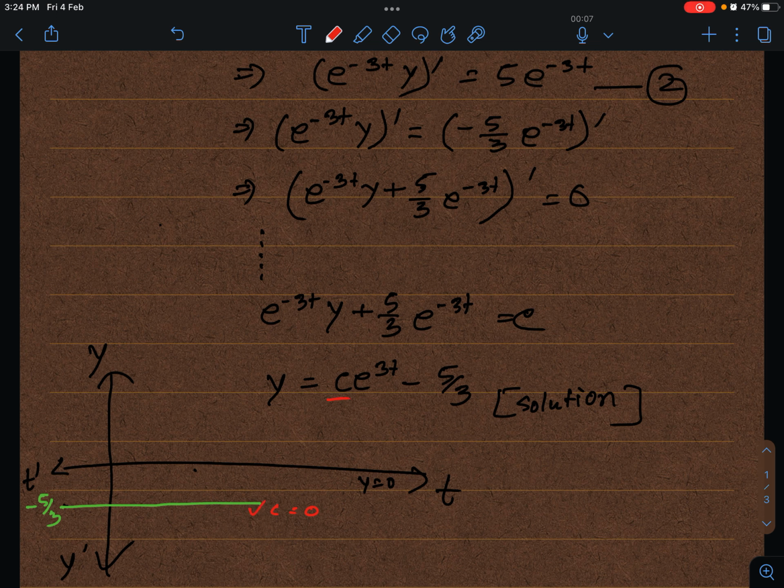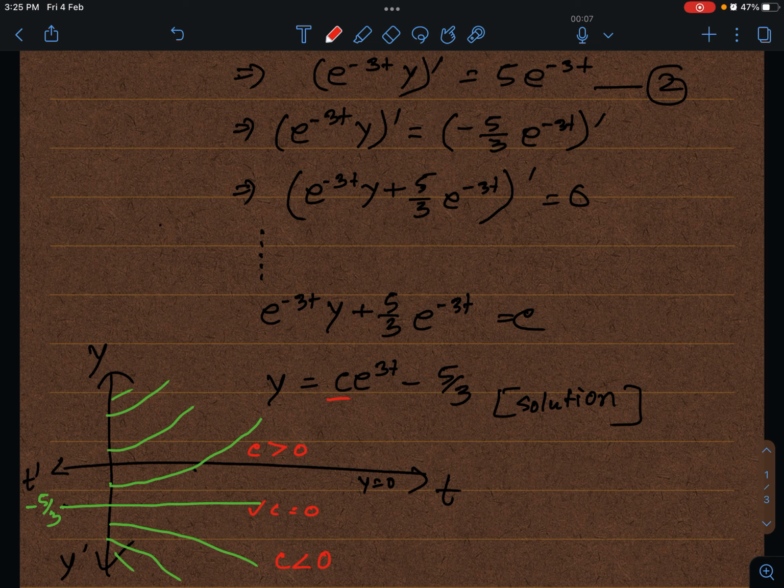You will get this sort of solutions for c greater than 0, and you will have curves bending below the negative 5 by 3 for c less than 0.